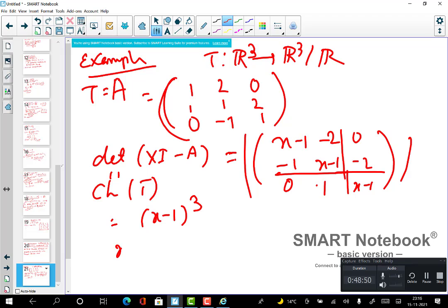That means the algebraic multiplicity of 1 is 3.